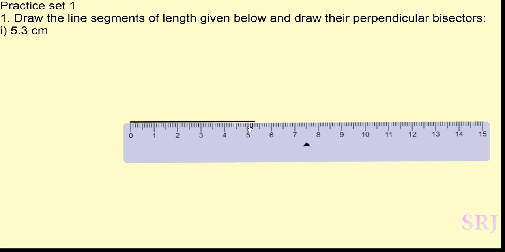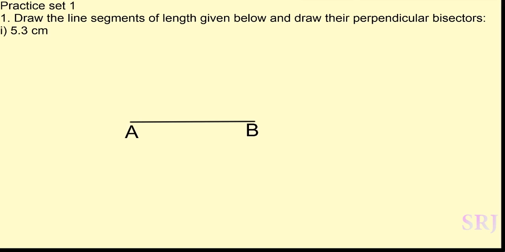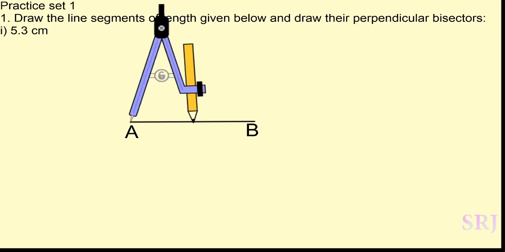Now, name the line segment as A and B. Next is to draw the perpendicular bisector. For that, we need a compass. With the help of the compass, we will draw the perpendicular bisector.